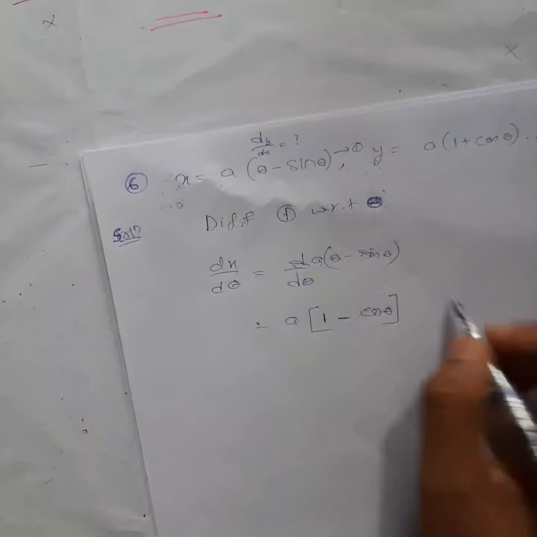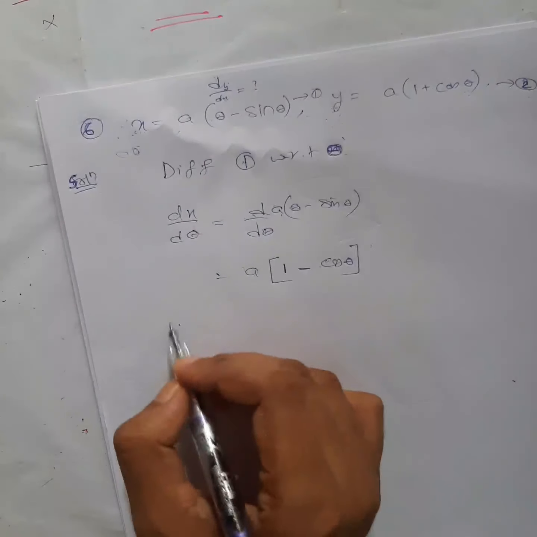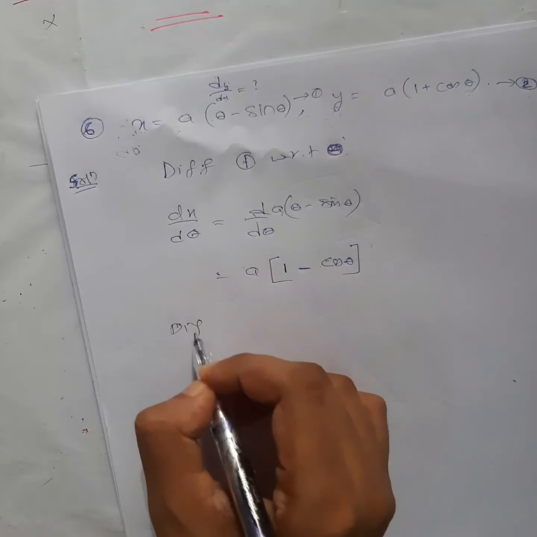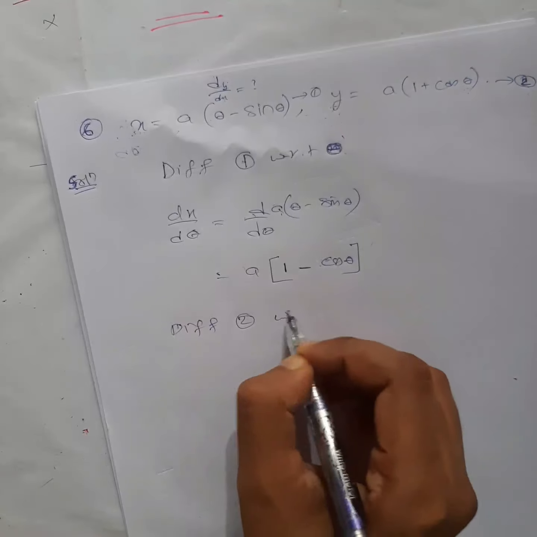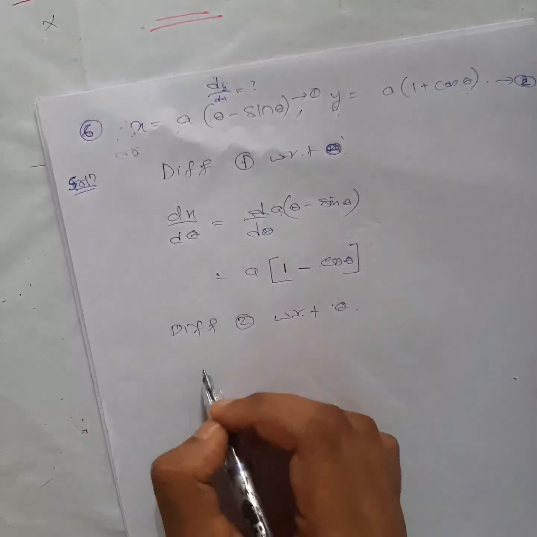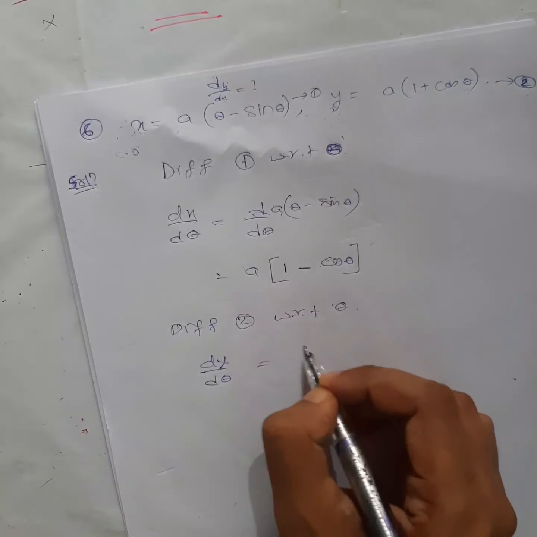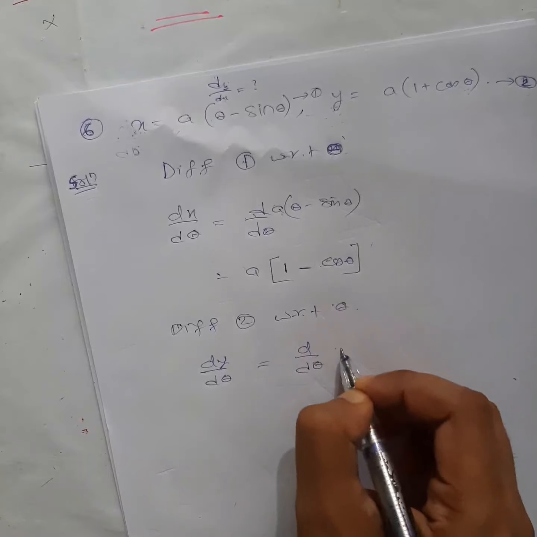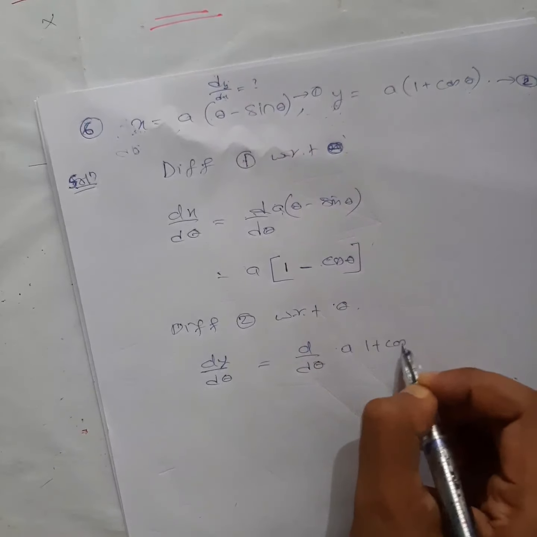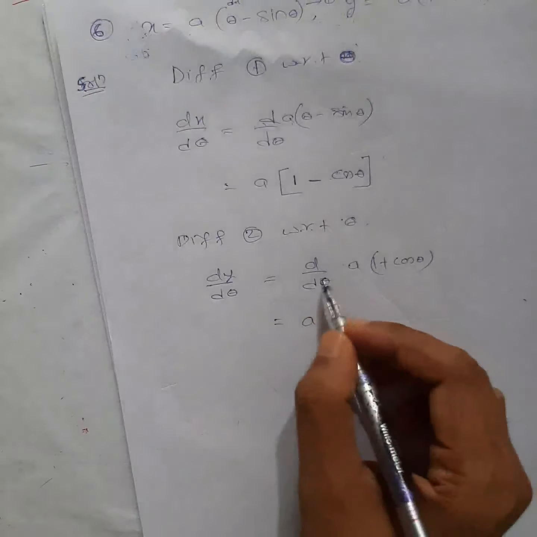Okay, this one is done, right? Next we will differentiate 2 with respect to theta. What you will get here: dy by d theta is equal to d by d theta of a times 1 plus cos theta. a will come out, right?